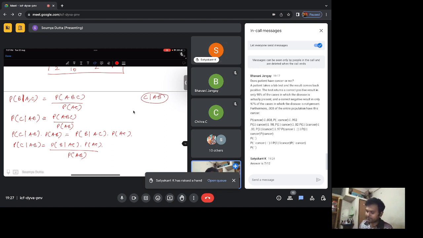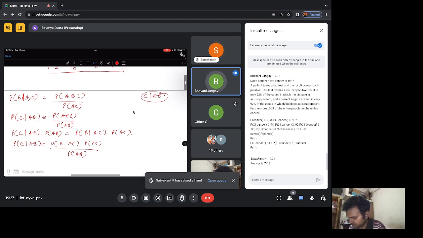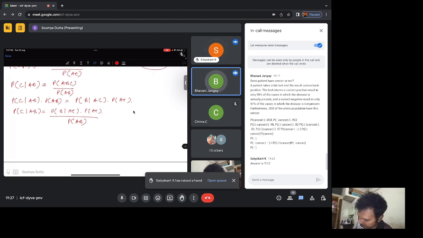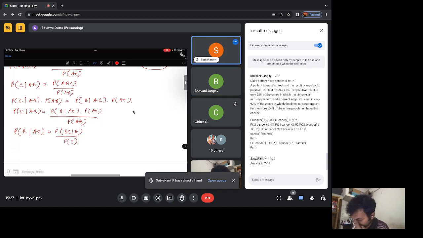Have you been given any other thing to solve, or what form do you want your answer in? There was one formula, sir, I couldn't follow how it came. Probability of B given AC is equal to probability of BC given A divided by probability of C. With no independence assumptions.